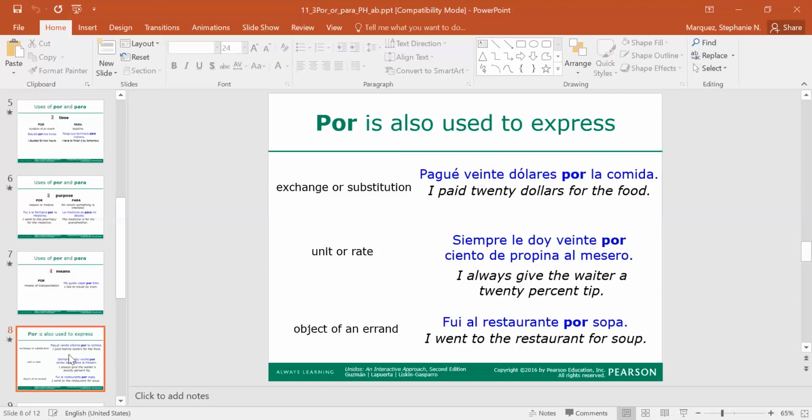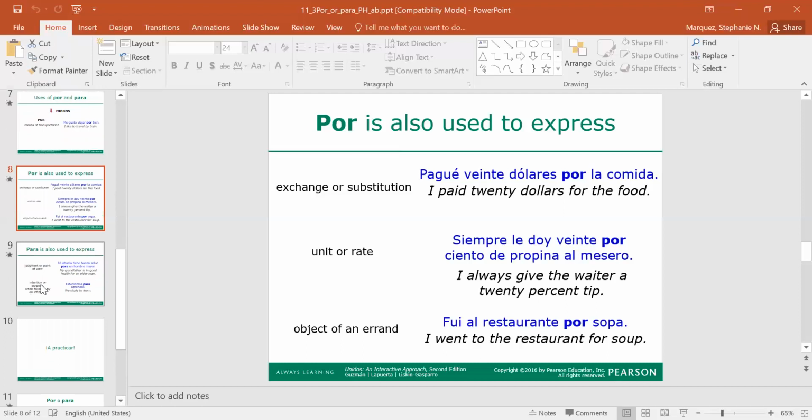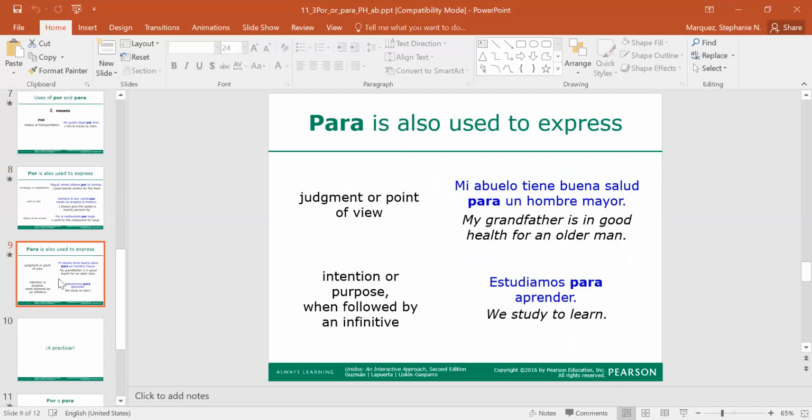Let me see if I want to go over any of these, we can look at a couple of these, I think. This one is actually extremely uncommon. So this one will be the last one and probably the most important thing to remember for para. Technically, we think about it like in order to in English.